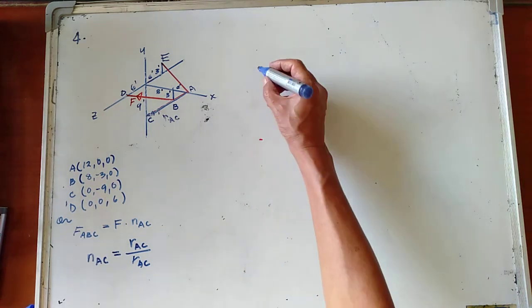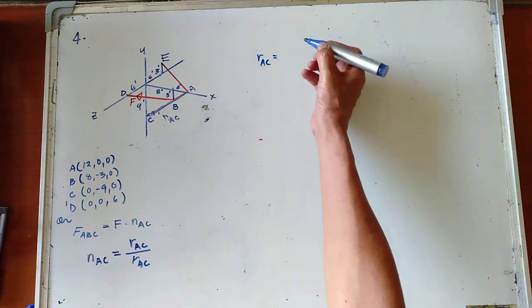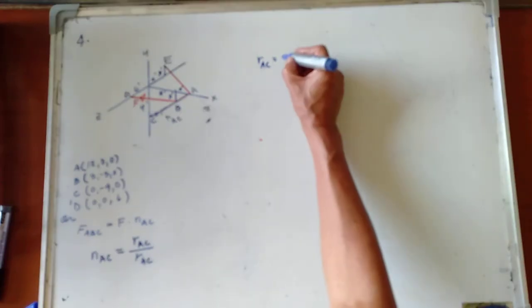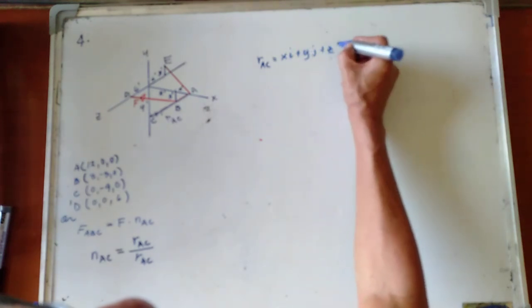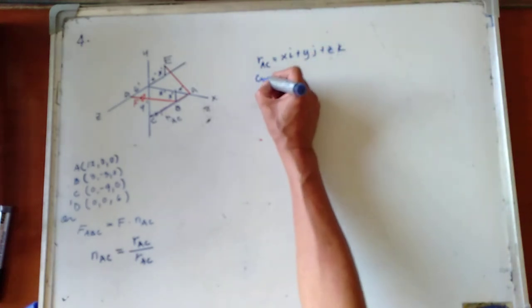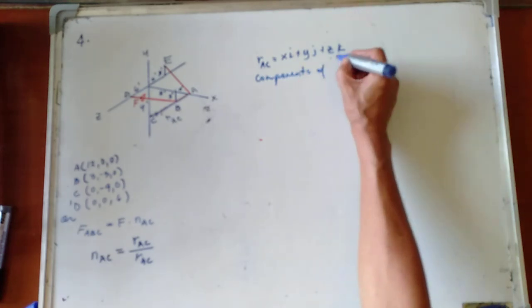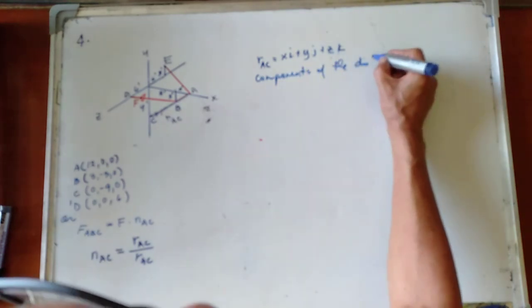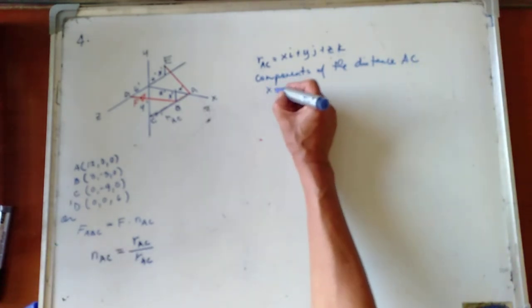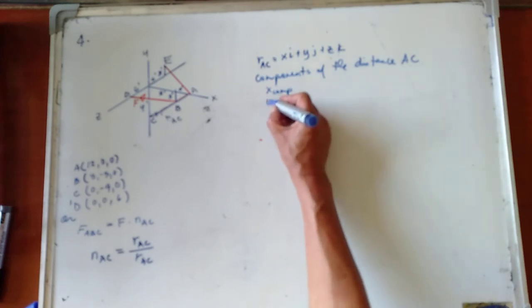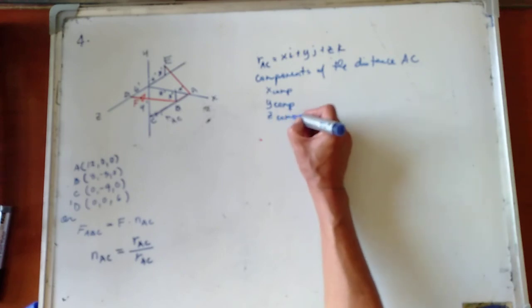So we now have the position vector RAC equal to xi plus yj plus zk. So these are the components of the distance AC. We have your x component, your y component, and your z component.